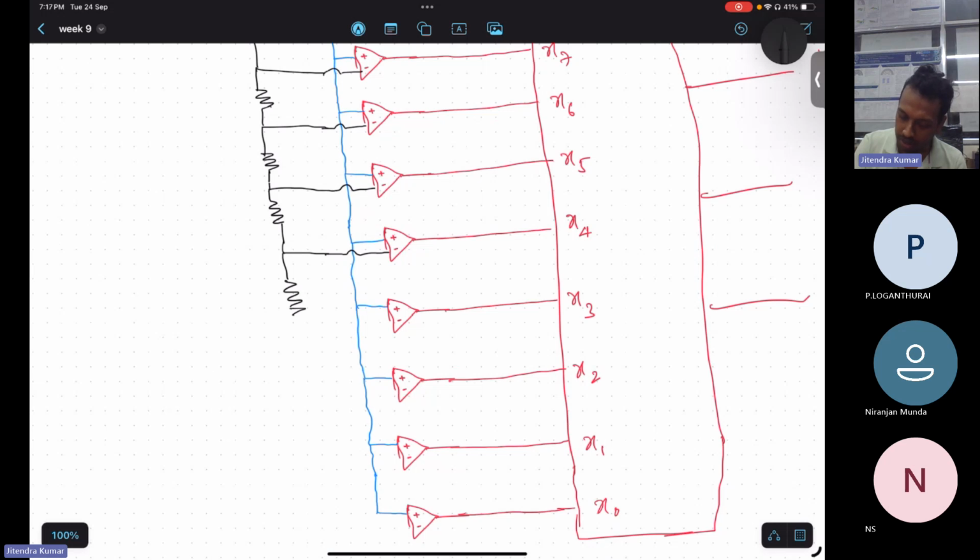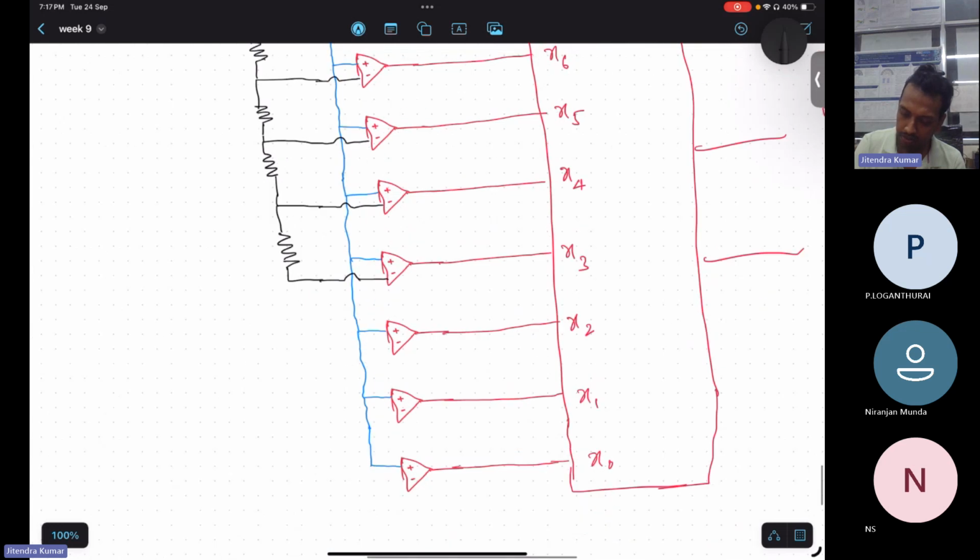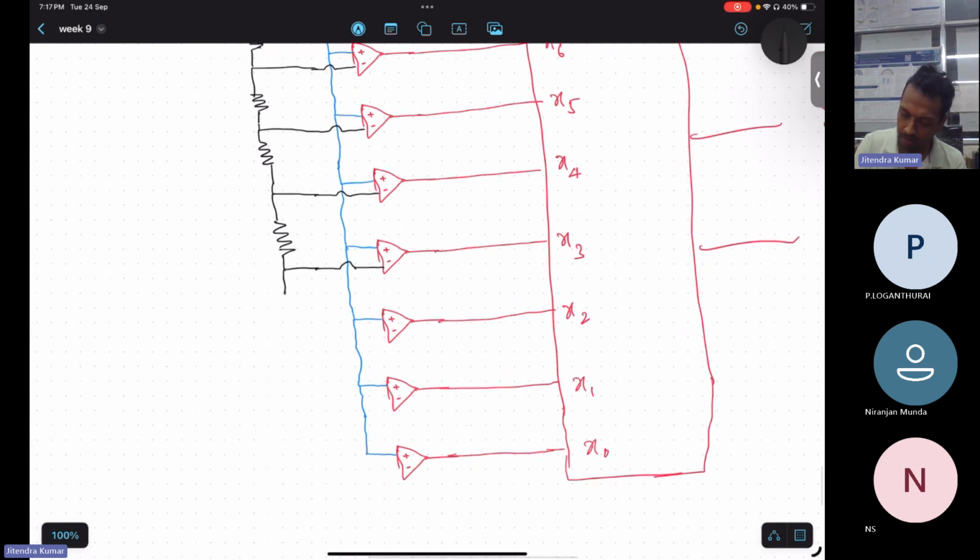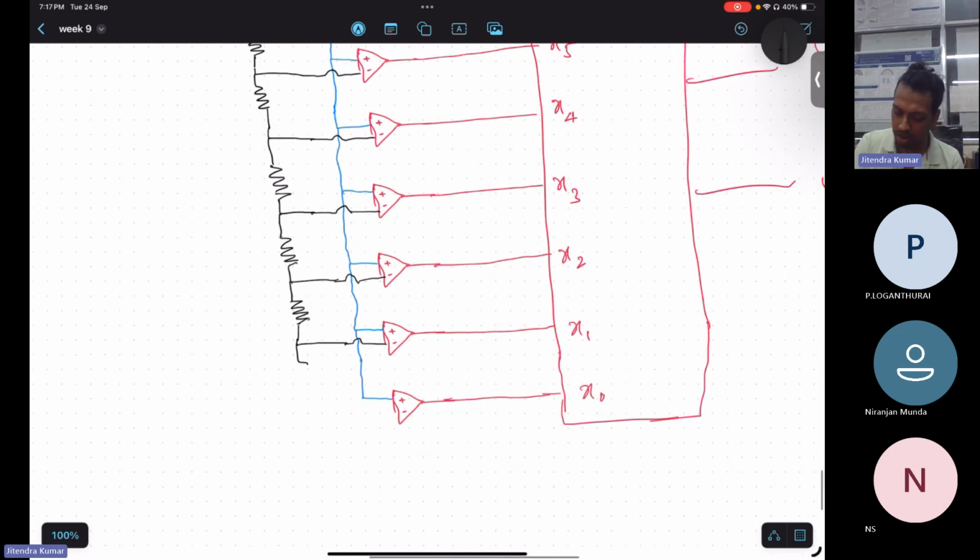Have you heard about the demux circuit, demultiplexers? 8 cross 3 demux. If you go through the digital electronics concepts in combinational circuits, you will be studying this.